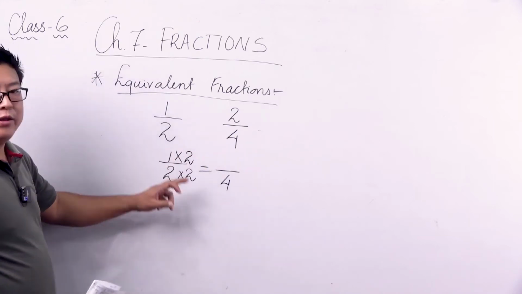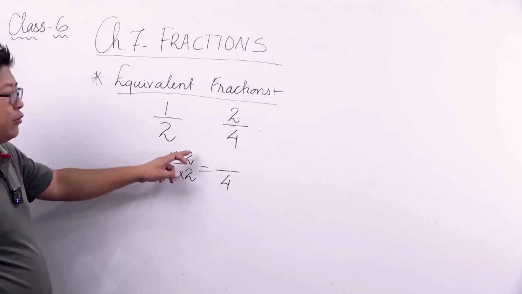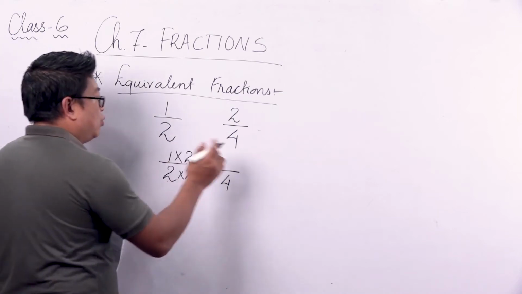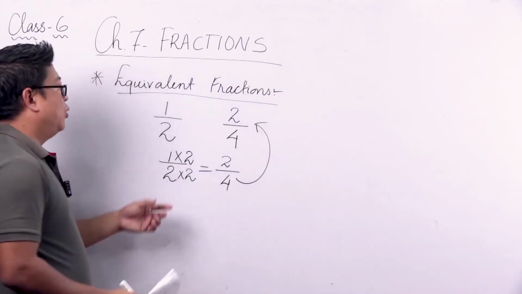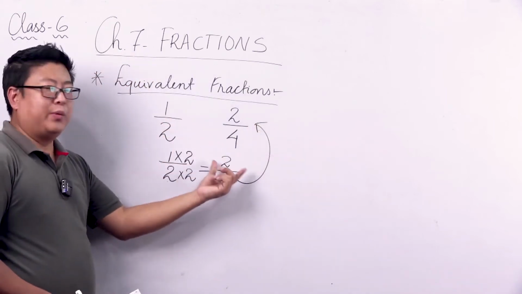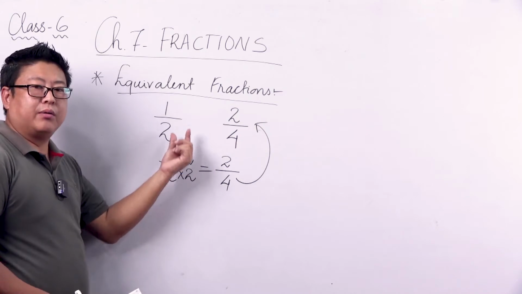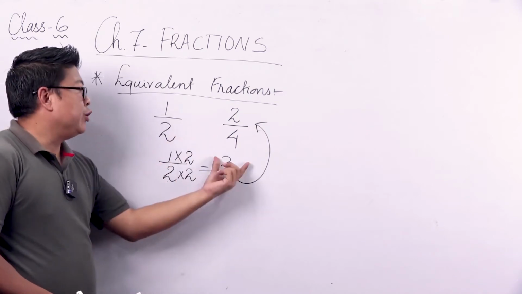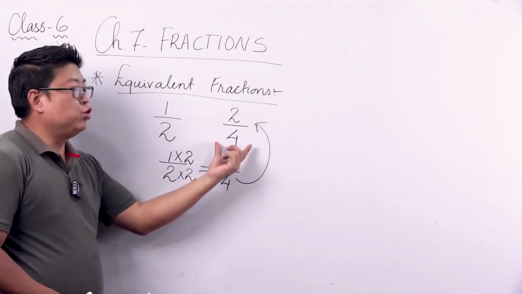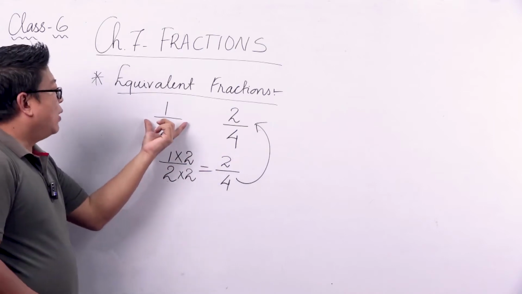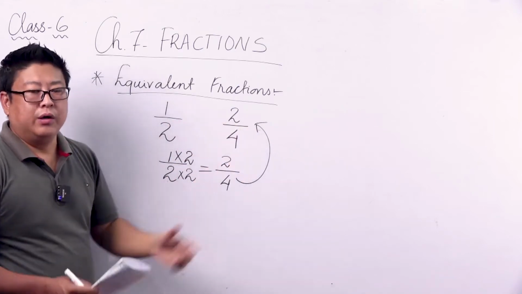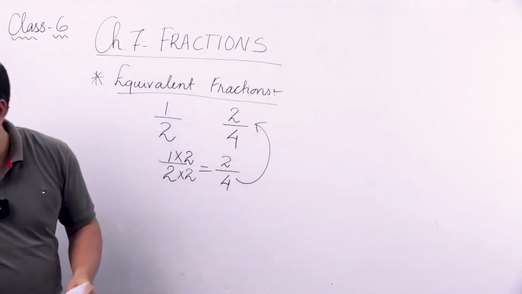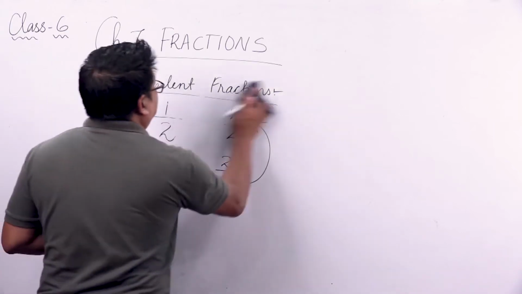Both numerator and denominator should be multiplied by 2. So 1 into 2 is 2. You are getting this answer, isn't it? So though they look different, when you multiply with the same number on both denominator and numerator, you get this 2 by 4. That means 1 by 2 is equivalent to 2 by 4. So this is about equivalent fractions.